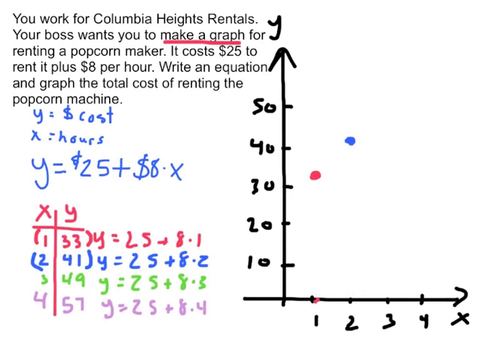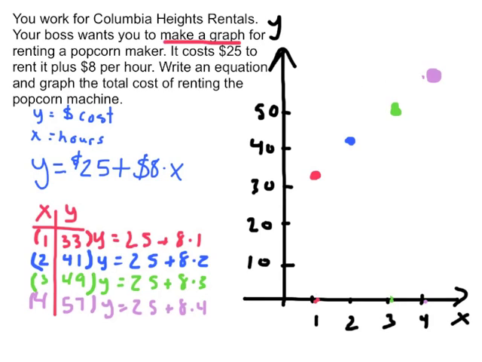Now I need to graph (3, 49). Go over to 3, go straight up until I hit about 49 and I put my point. On our last one, (4, 57). So we go to 4, go straight up and find where about 57 would be, and put your point.